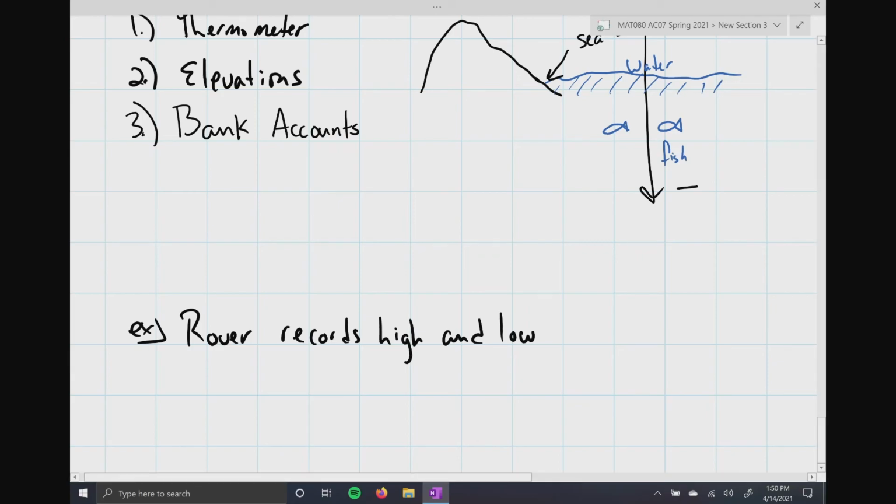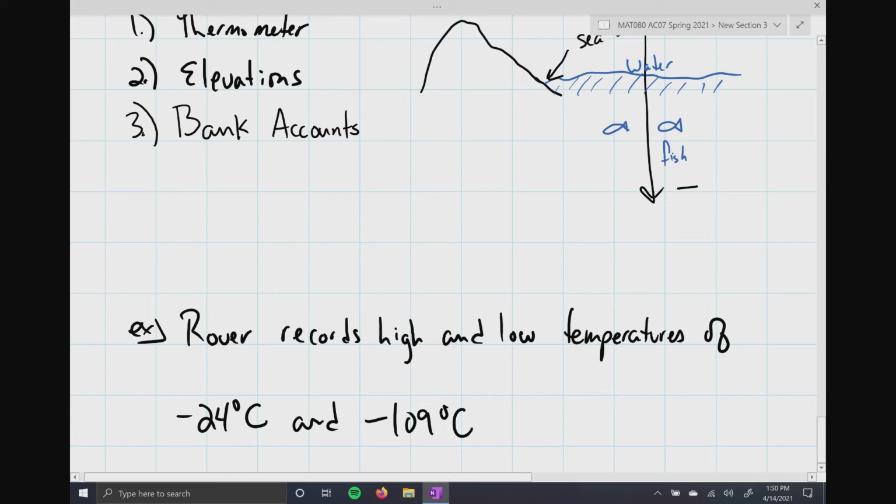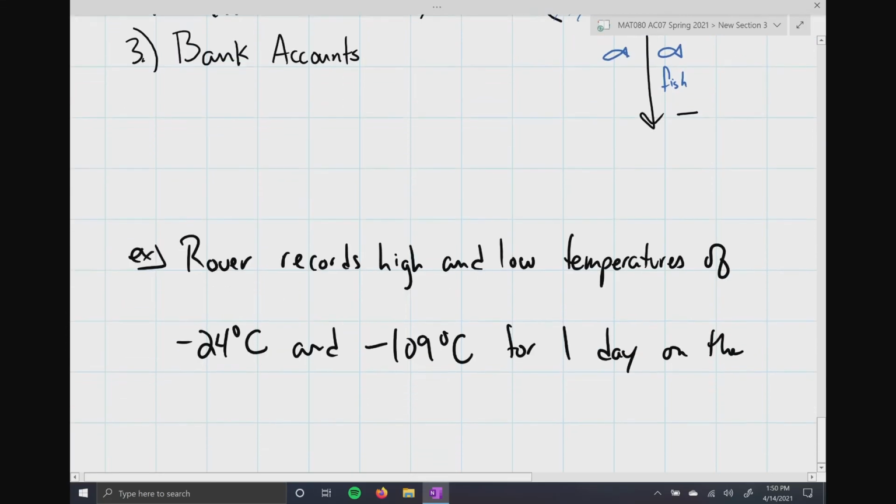All right. So Rover records high and low temperatures of negative 24 degrees Celsius and negative 109 degrees Celsius for one day on the surface of Mars.